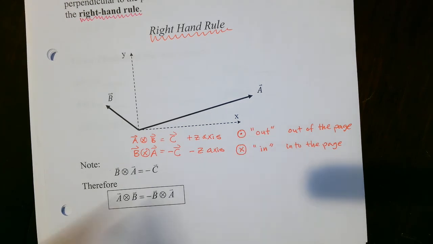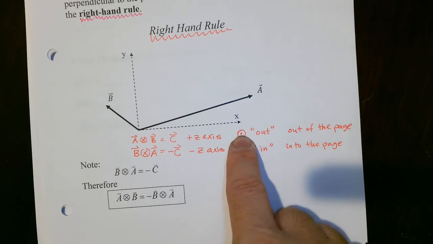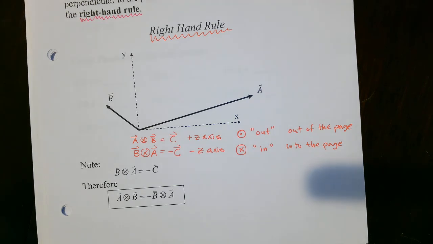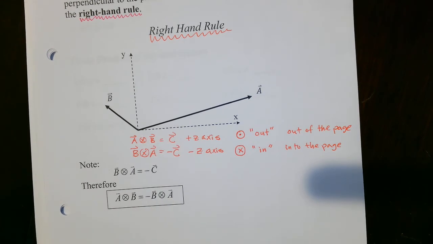The dot with circle around it means you'll see the tip of the arrow coming at you. All right, and that's the exact representation for mathematics and physics. So note that A cross B is negative B cross A. All right, so the direction will be in the opposite direction.